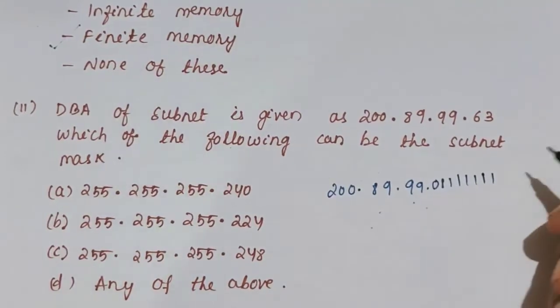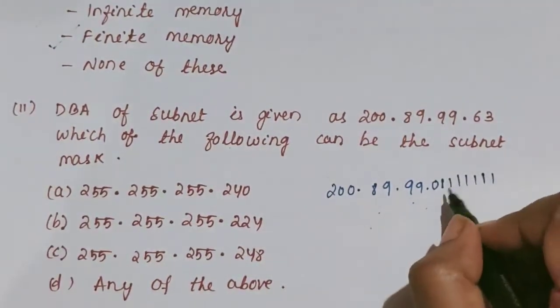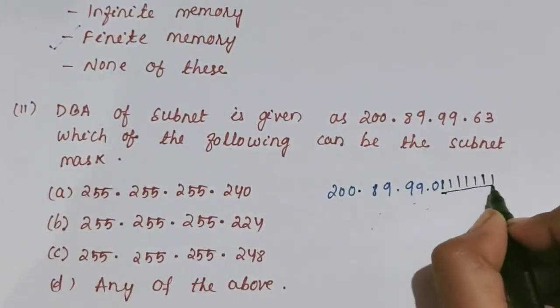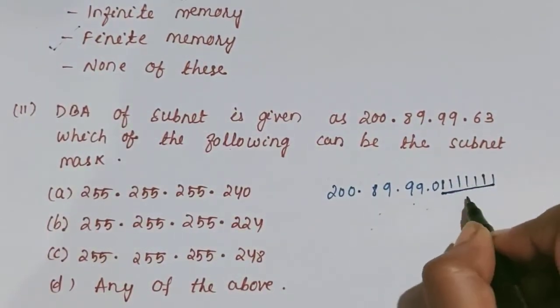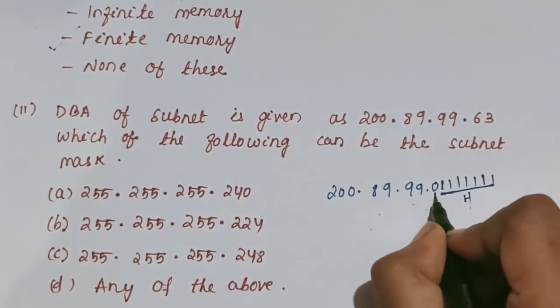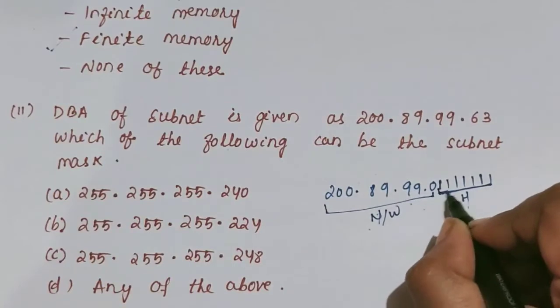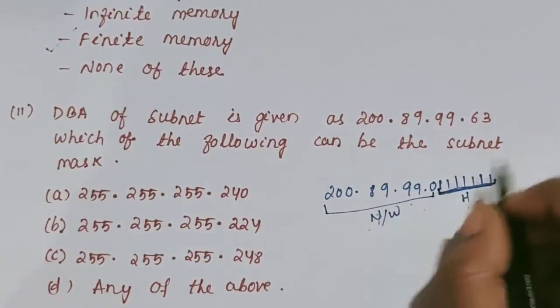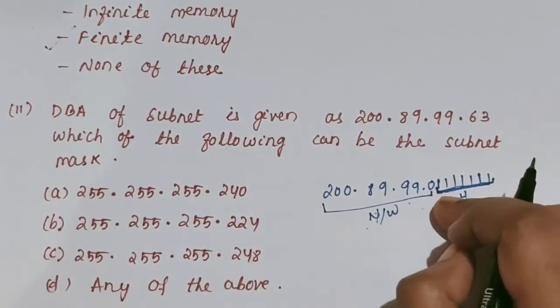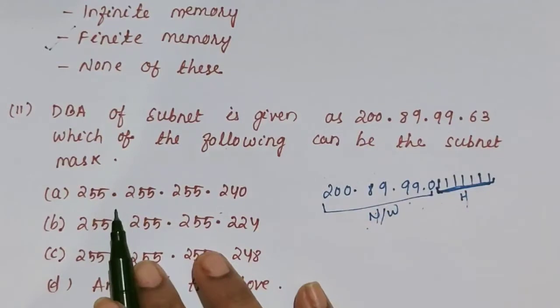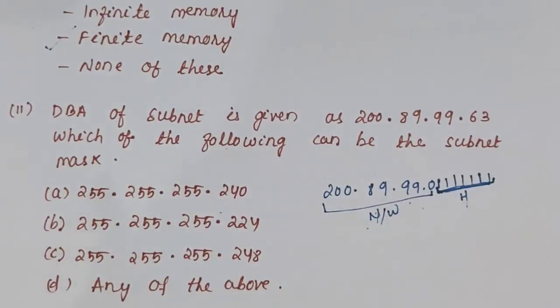From here we can get that the host part is these ones, and these are the network parts, because for DBA all the host part are continuous ones. They are asking which of the following can be a subnet mask, and we know that subnet bits are taken from the host bits.